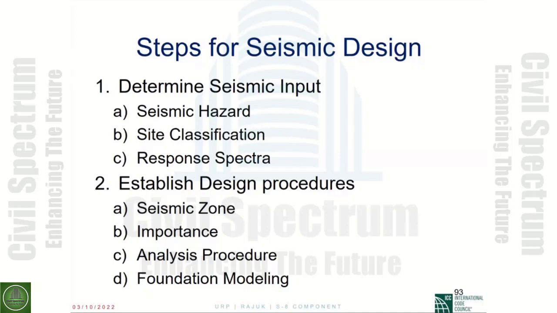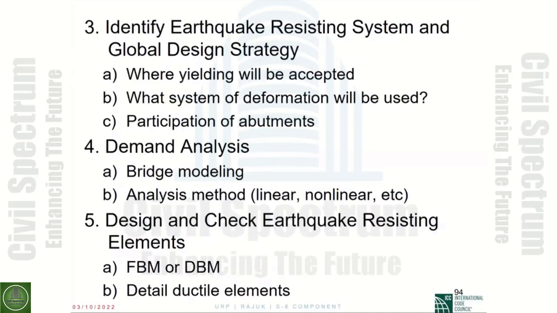Importance of the bridge, the analysis, how you are modeling the foundations. You have to identify the earthquake resisting system and the design strategy, type 1, type 2, or type 3. And what the yielding will be, what the deformation will be, and whether you want to have the participation of the abutments or not.